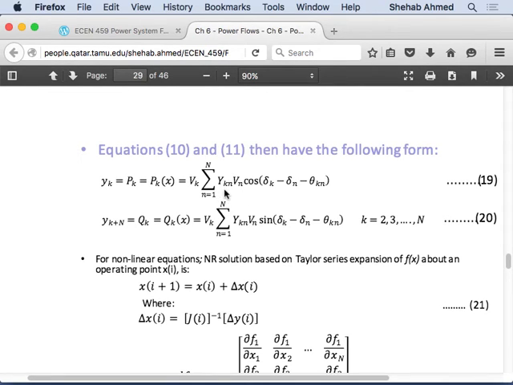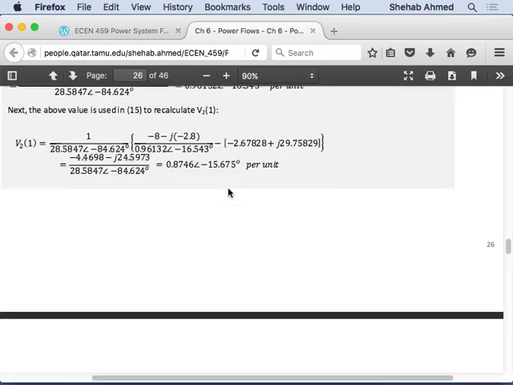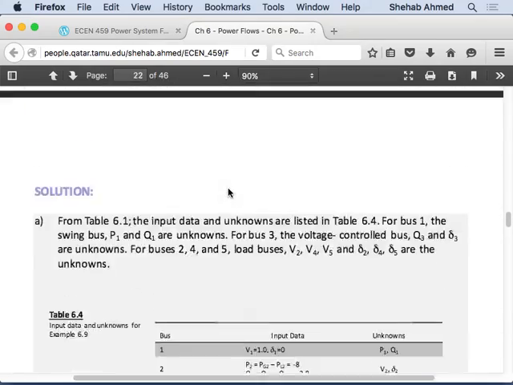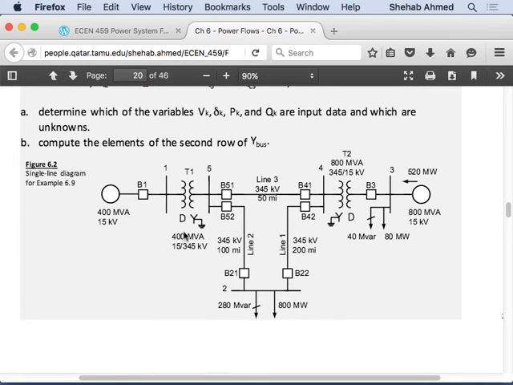Sometimes these Y's will be zeros, right? So in our example here, which ones are zeros? Y31 and Y13. No, sorry, the example that they have in the textbook, the 5-bus example. So here, which admittances are 0? 1 and 2 are 0 because they're not directly connected.